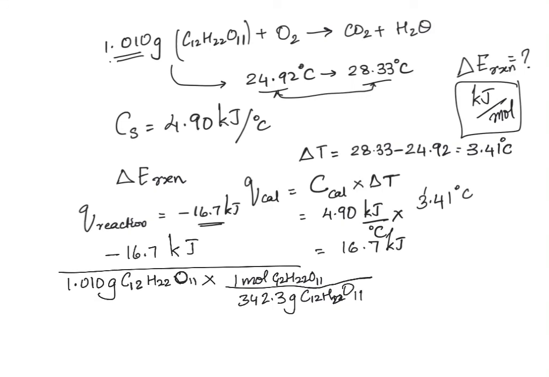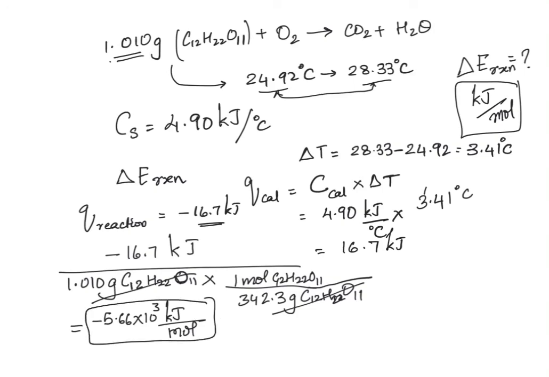By using the periodic table, we obtained the values for carbon, hydrogen and oxygen, and we calculated the molar mass. Then grams will get cancelled, and this will turn out to be negative 5.66 times 10 raised to 3 kilojoules per mole of sucrose. So this is another kind of quantitative example of one of the types of questions that you might come across in this chapter.